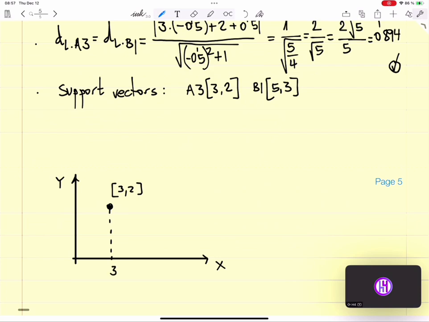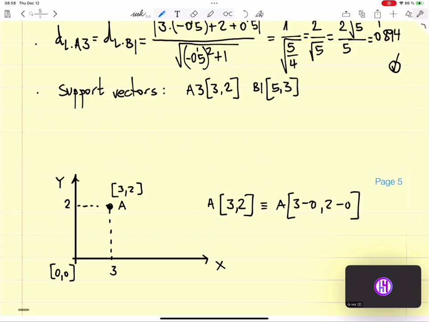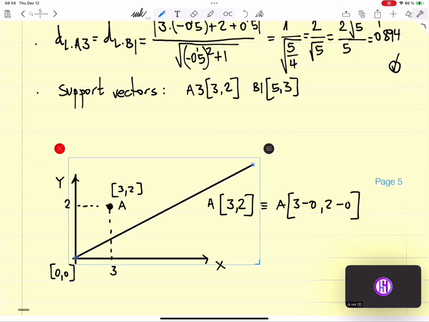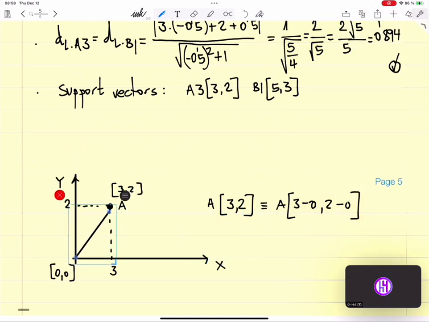The coordinates 3, 2 refer to the origin 0, 0, right? So this point A, we say it's the point 3, 2, but in reality, this point is 3 minus 0, 2 minus 0. It's a vector that goes from the origin to the point.